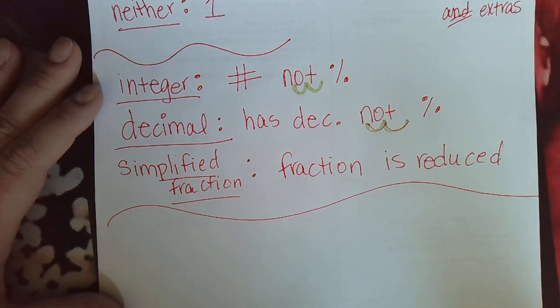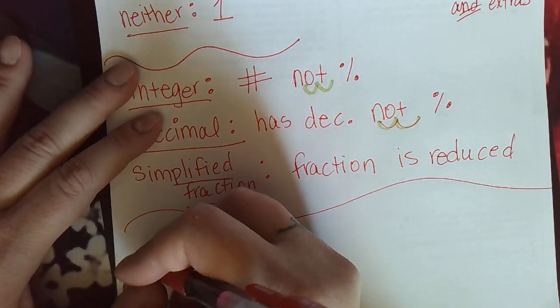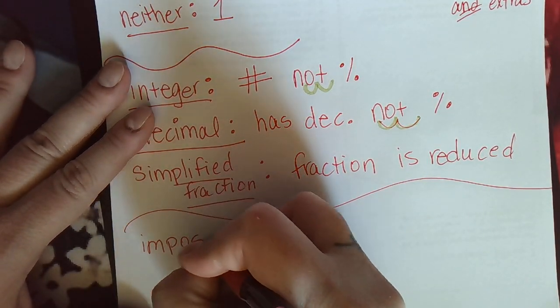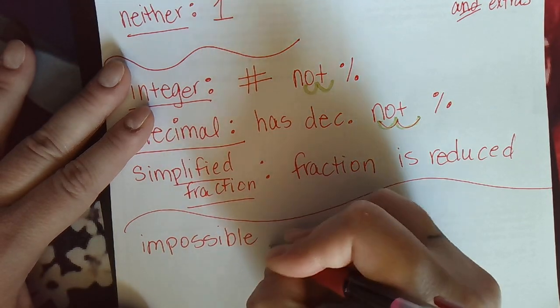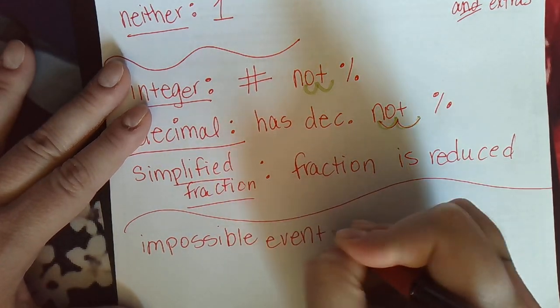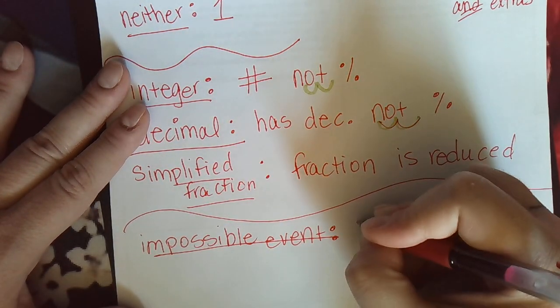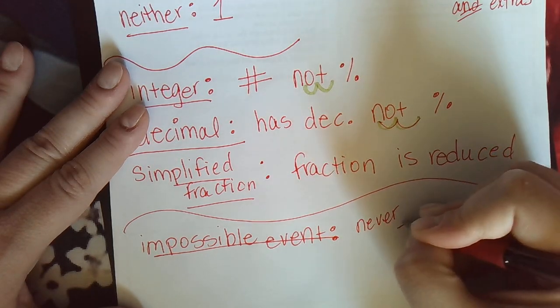Later we're going to talk about something called an impossible event. That means it will never, ever happen.